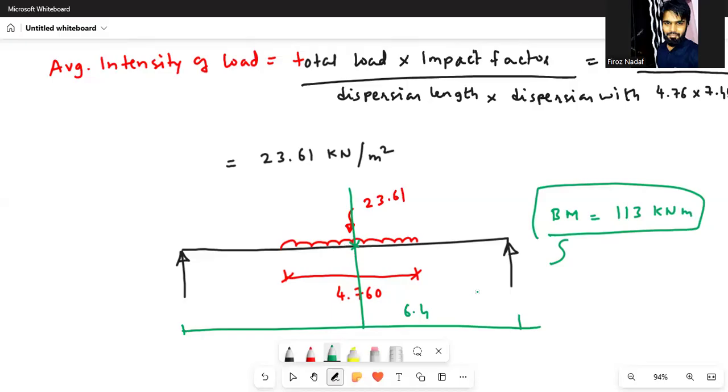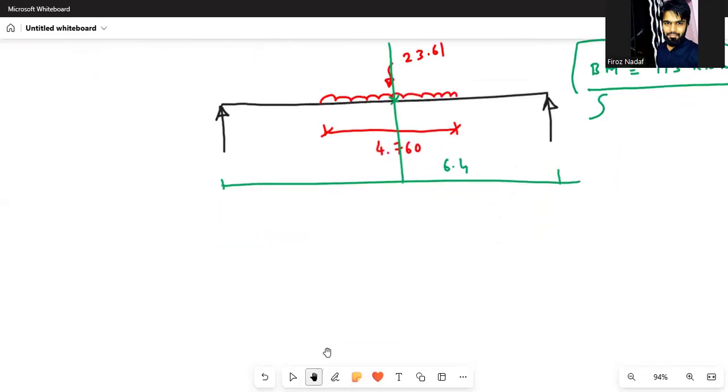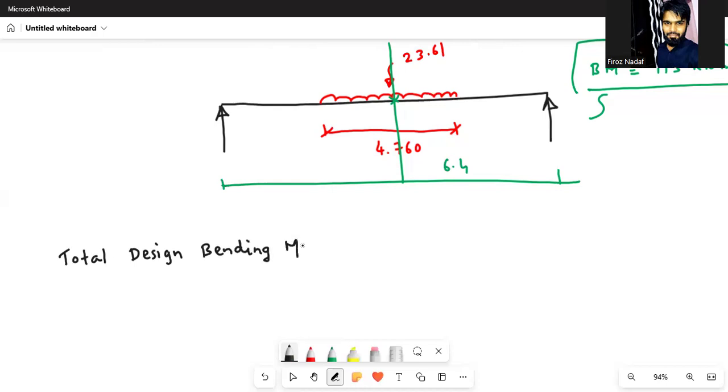And already in the previous class, we have calculated the dead load bending moment. Now total design bending moment equal to live load bending moment, that is 113, plus dead load bending moment, that is 72, equal to 185 kilonewton meter.